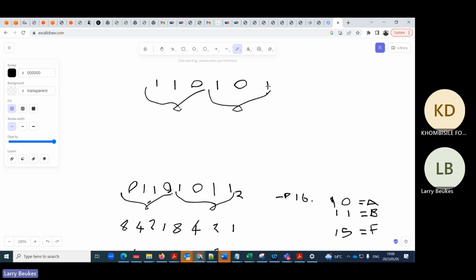So we know this is 2 to the power 0, 2 to the power 1, 2 to the power 2, right? 2 to the power 0, it's always a 1. Anything to the power 0 is a 1. Then this will be our 2, and then this will be our 4. 1, 2, 4.